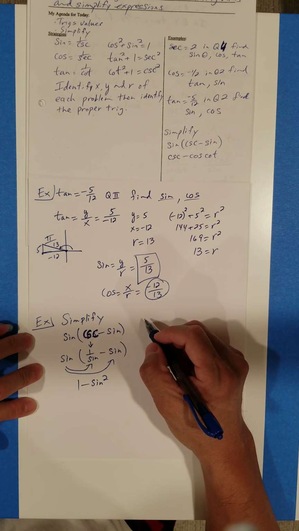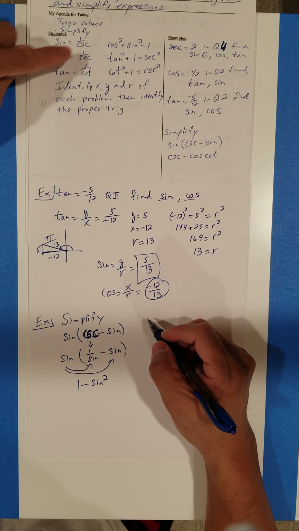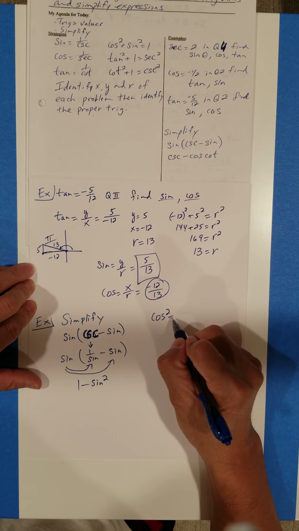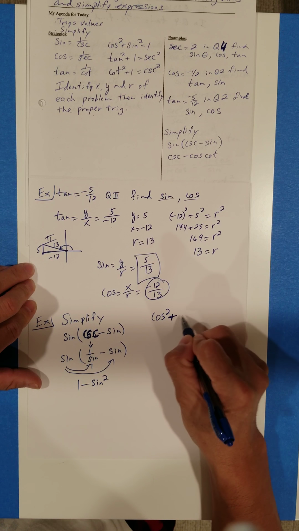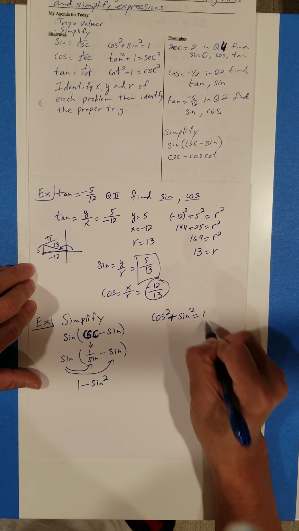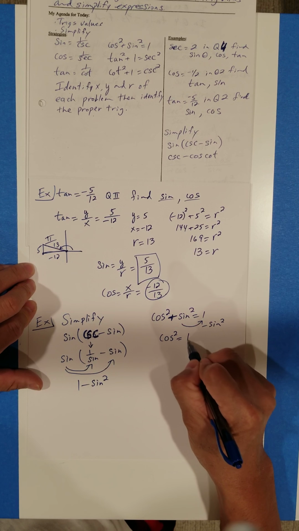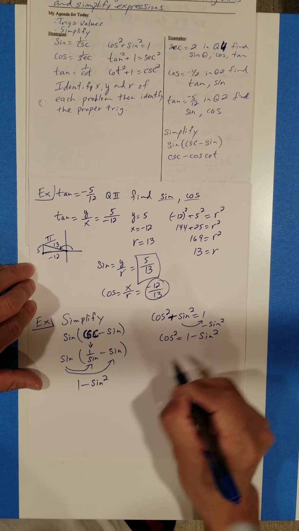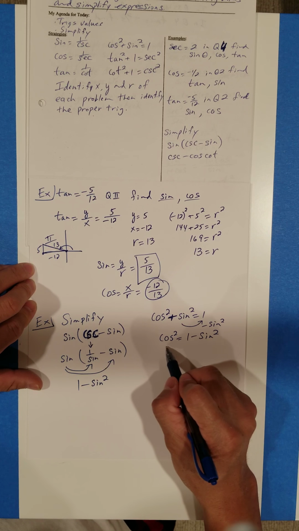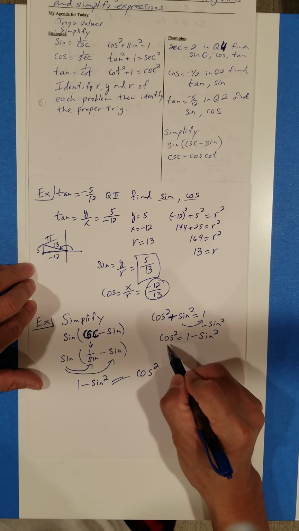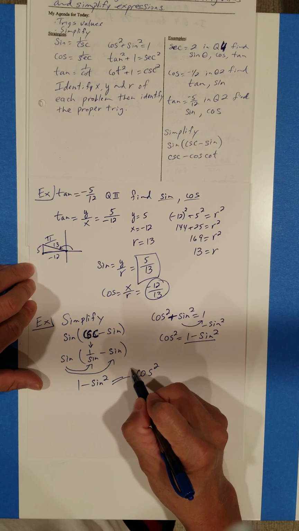If you remember the very first identity that we looked at is cosine squared plus sine squared equals 1. And we bring this over by subtracting sine squared. We get cosine squared equals 1 minus sine squared. So that's what this guy is. So this equals cosine squared.